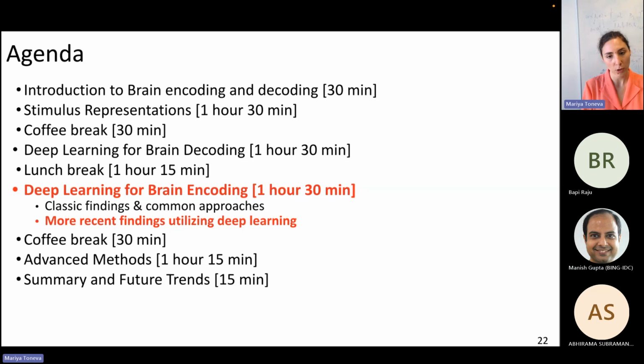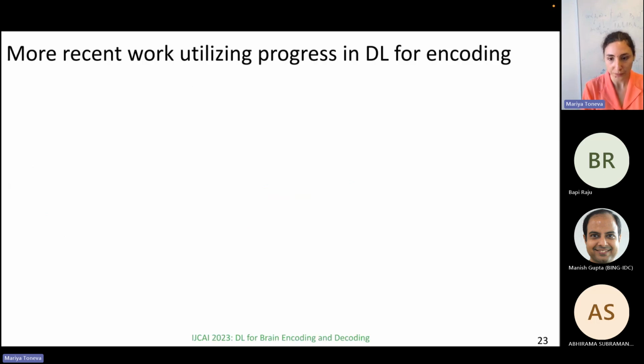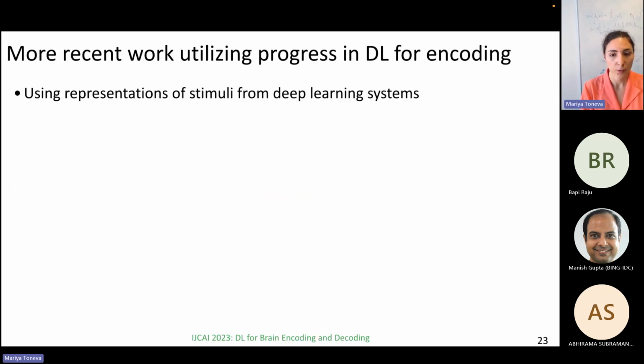So now we'll talk about these more recent findings that actually use deep learning approaches for encoding. Here we use stimulus representations of stimuli from deep learning systems, and I'll focus again on 3 domains.